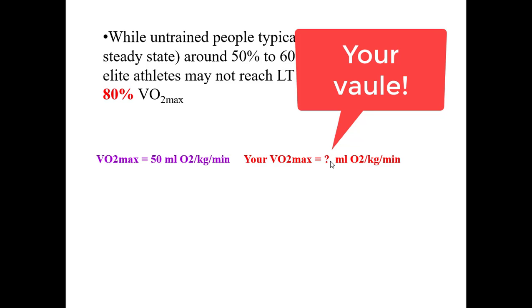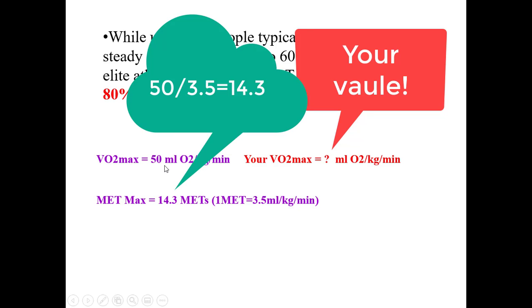Did you remember which one we should do first? First, you need to convert to the MET value. One MET equals 3.5, right. In my case, 50 divided by 3.5 is 14.3 MET. Does it make sense, class? This is my max MET.